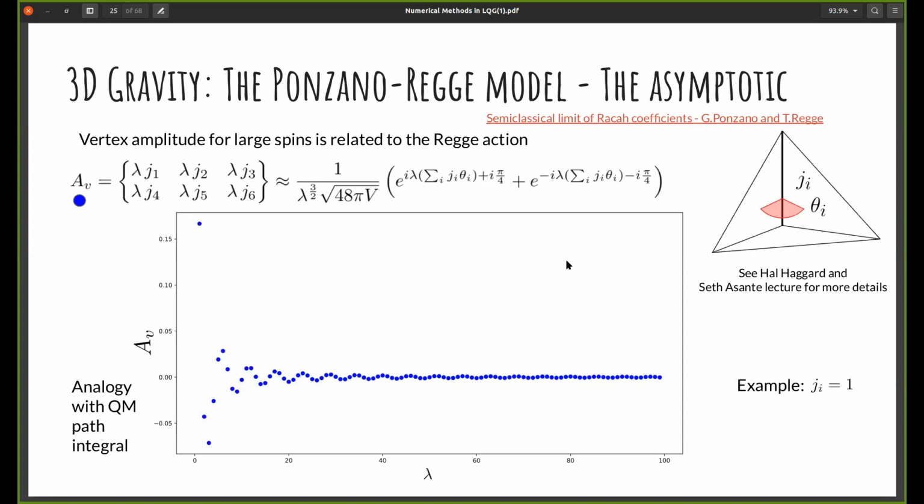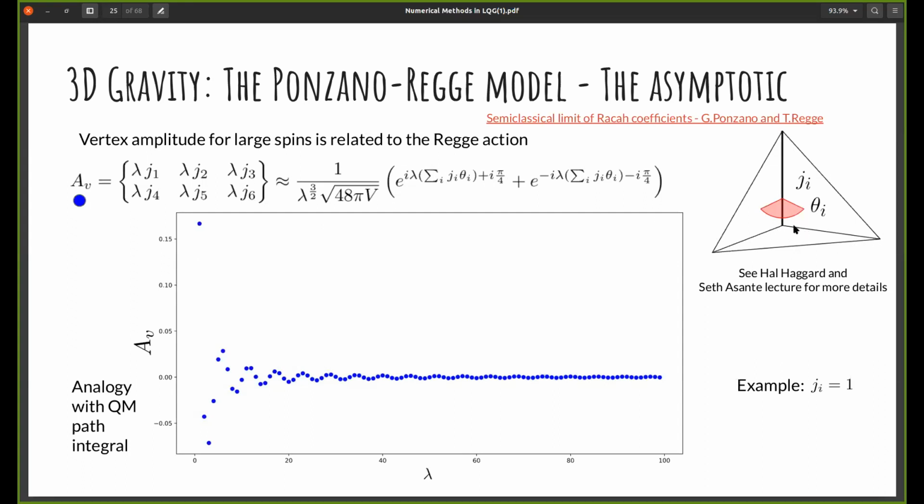Pietro, there's a quick question. Under which criteria are the j_i chosen? Okay, so you can pick the spins as you wish. The formula is valid if and only if these spins actually are the lengths of a Euclidean tetrahedron.